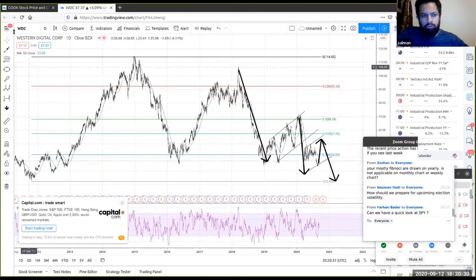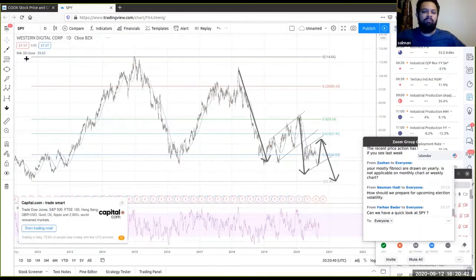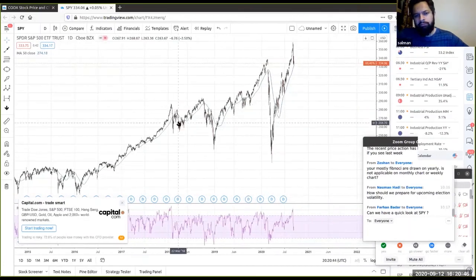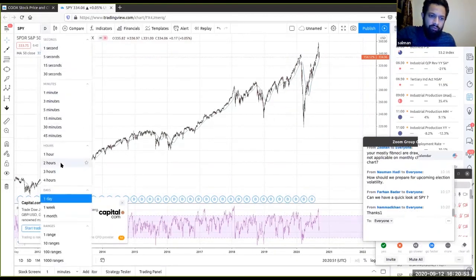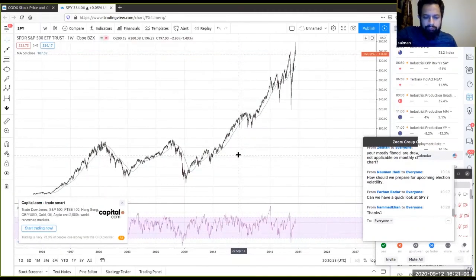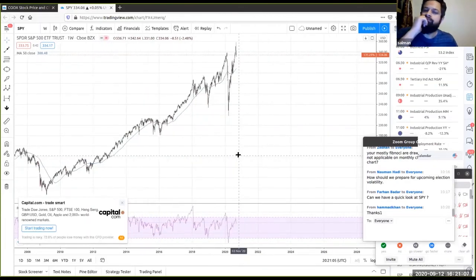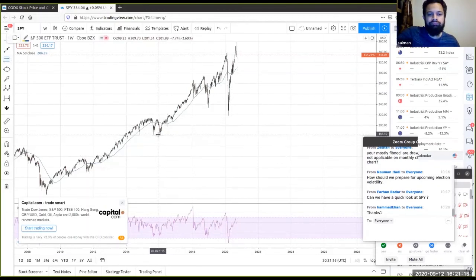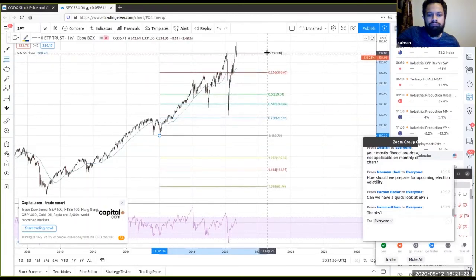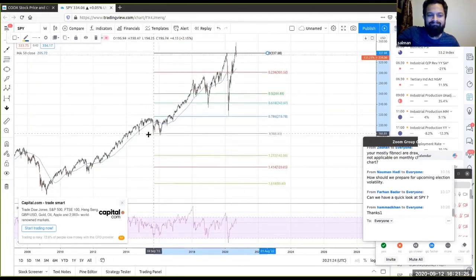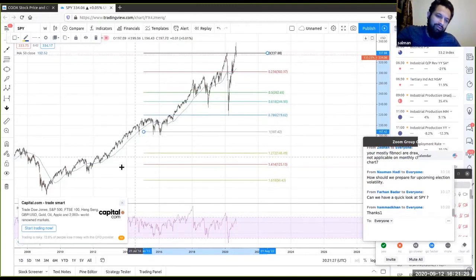Something else. Quick look at SPY. I have been posting lots of charts on SPY some time ago, but again the same thing as QQQ.